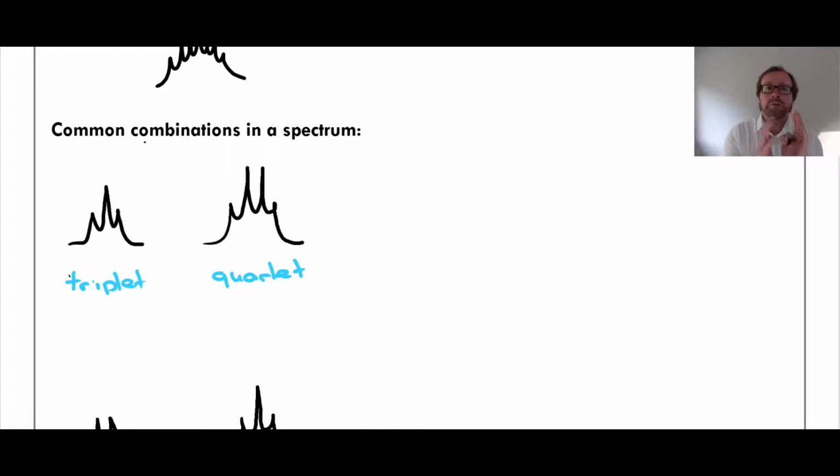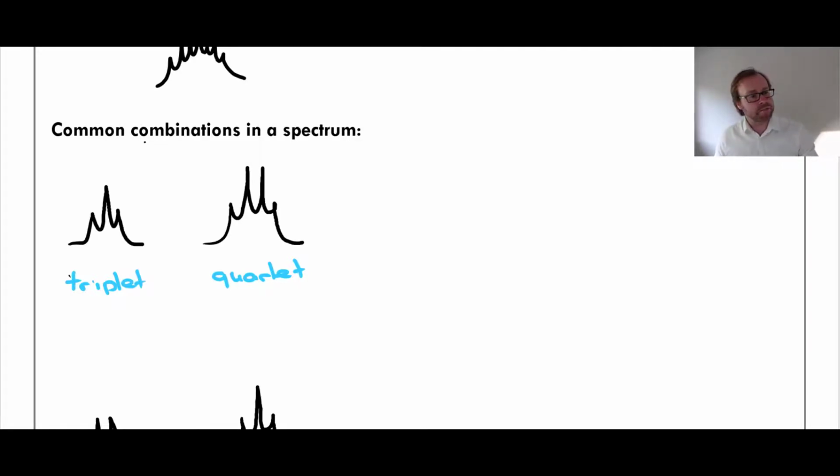E.g., so according to our n+1 rule, a peak will split to n+1 depending on how many hydrogens are on the adjacent carbon.